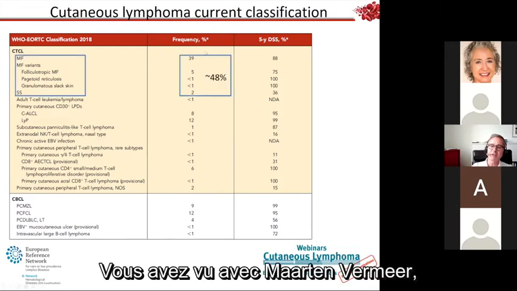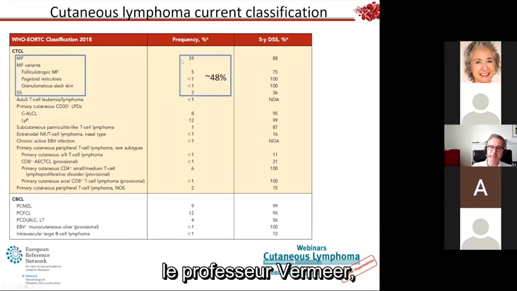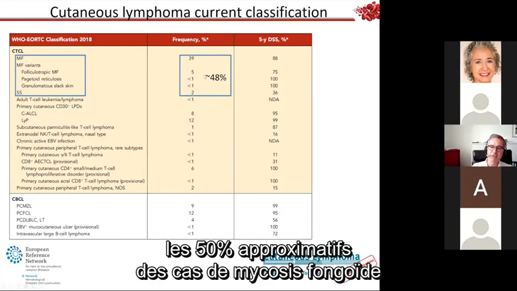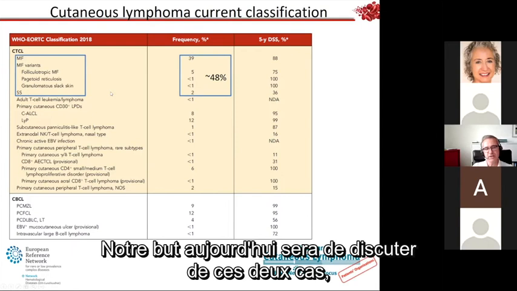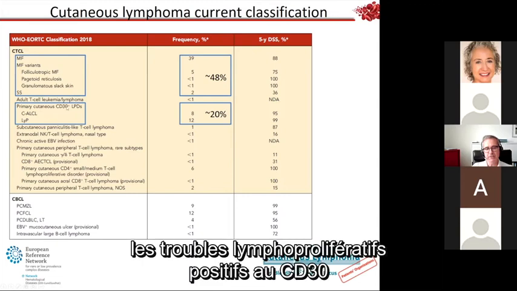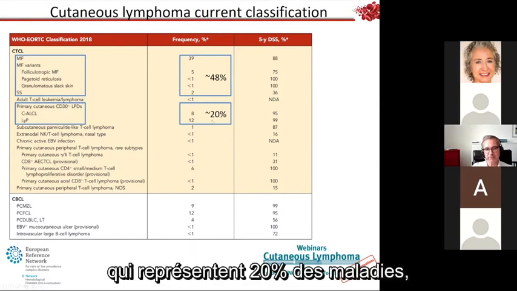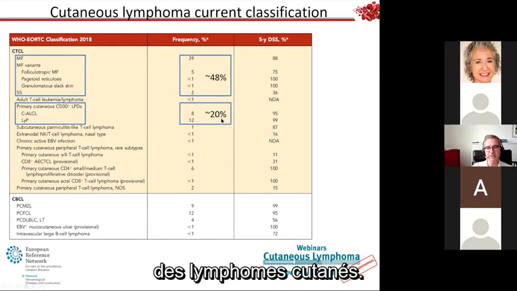You have been discussing with Professor Vermeer roughly the 50% of cases of mycosis fungoides, plus the variants of MF and Sézary syndrome. So today's task will be to discuss with you these two entities, the CD30 positive lymphoproliferative disorders that make up roughly 20% of all cutaneous lymphoma.